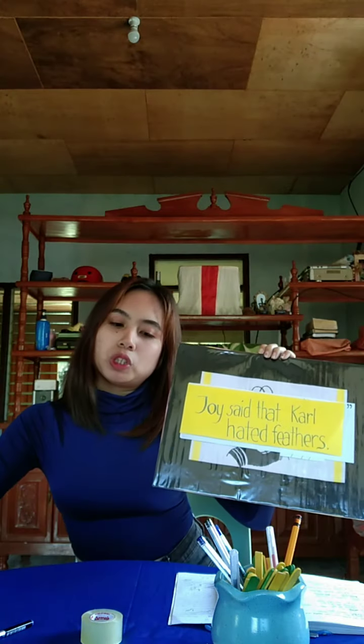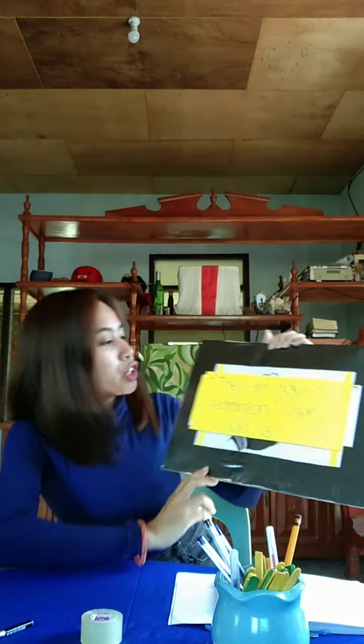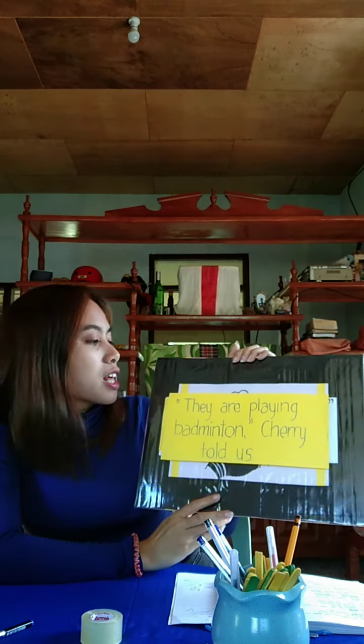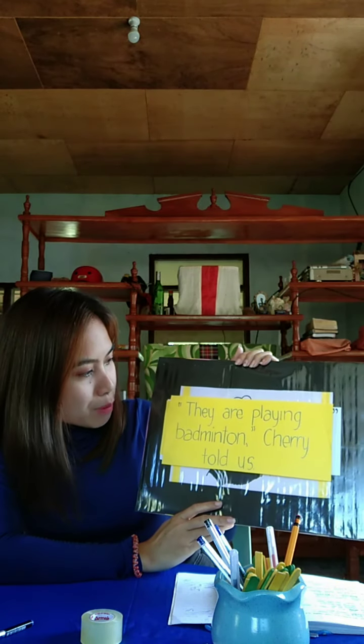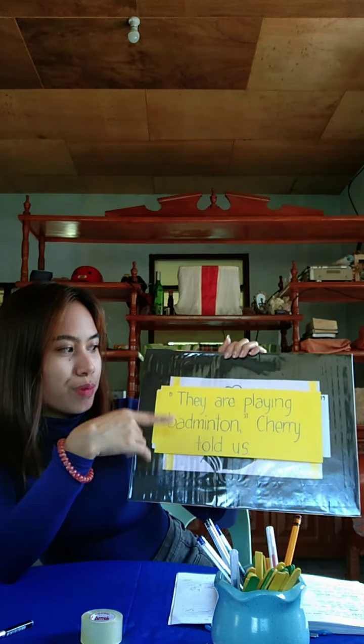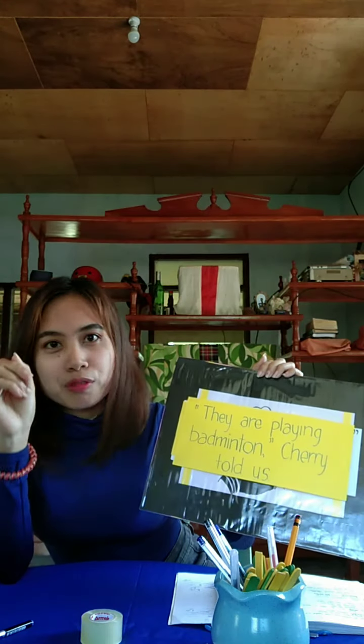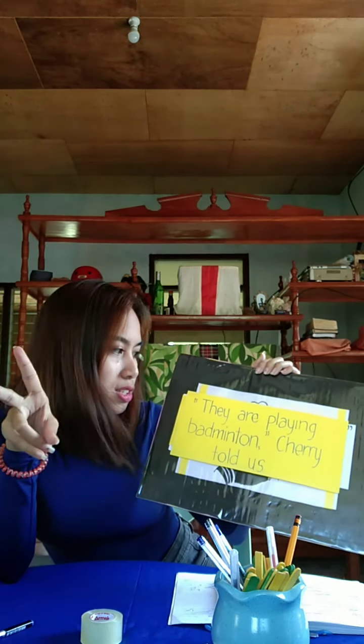So another example. Our direct speech is, "They are playing badminton," Cherry told us. The first step, identify the verb. Be careful this time because there is not only one verb, but there are 2 parts.